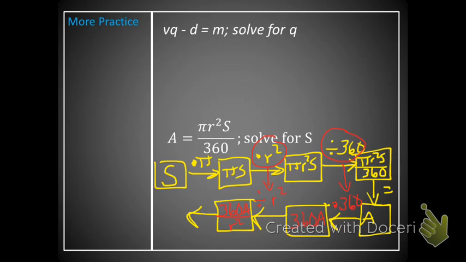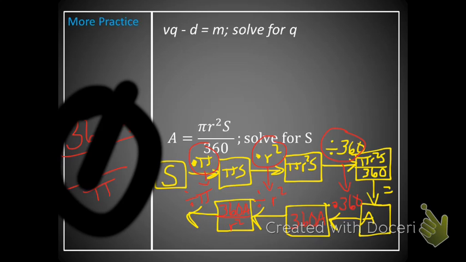Now here's where some kids get a little bit tripped up. We see times pi here, so we're going to do divided by pi here. I'm going to write off to the side what a lot of you kids do, but don't write that down. A lot of you will go 360A divided by r squared divided by pi. That just looks weird, so we don't want to do that.